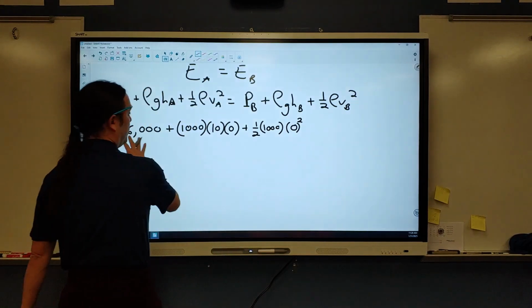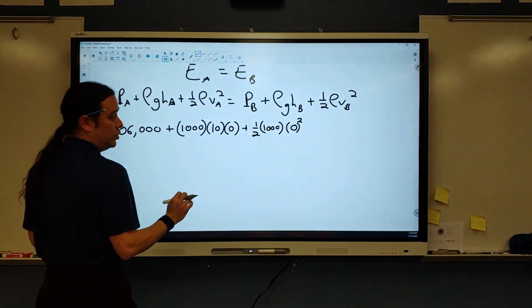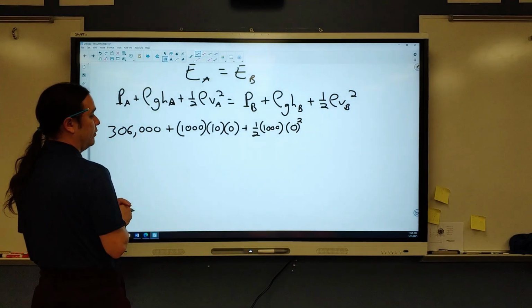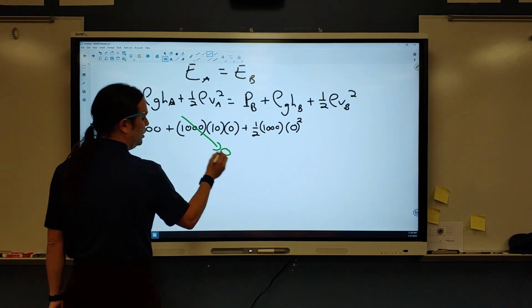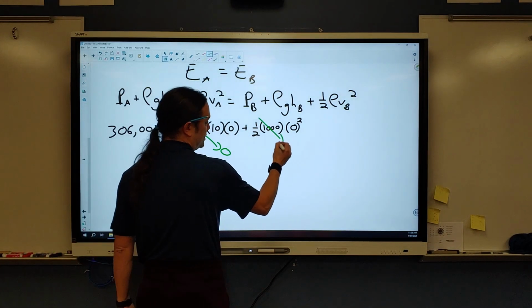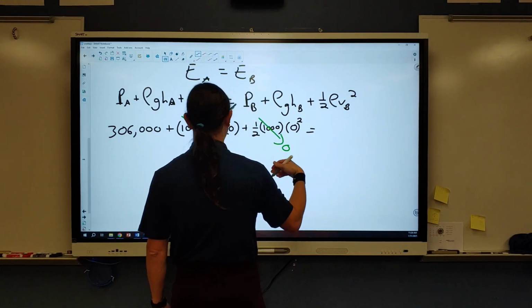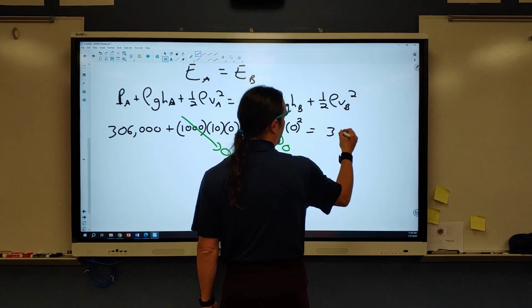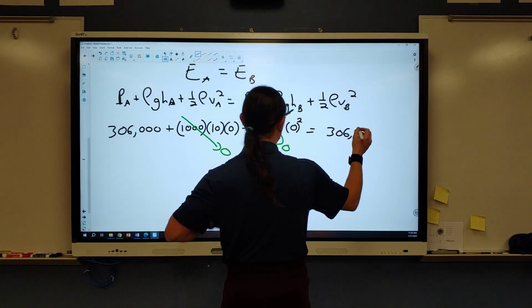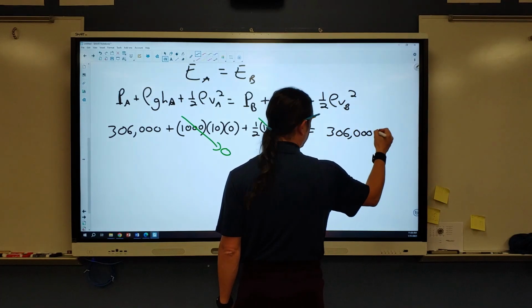All right, so when I put all of these together, I can set up and make it directly equal to the other point, but since we have all of the numbers, let's go ahead and solve for that. We get the following. This has multiplied by 0, this has multiplied by 0, and because of the simplifications we're using, but they still closely represent real life, we end up with a Bernoulli's value of 306,000, in this case, pascals.